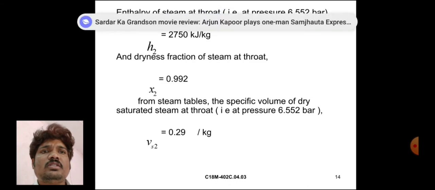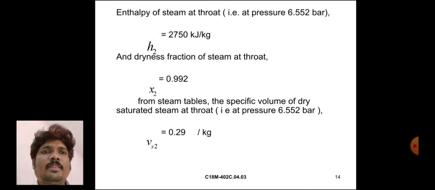This Vs2 means the specific volume of dry saturated steam at throat, which is 0.29 meter cube per kg.